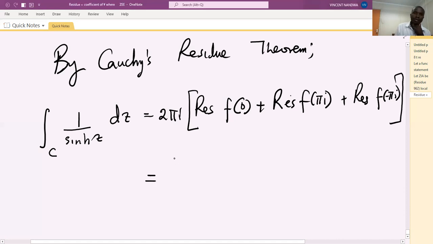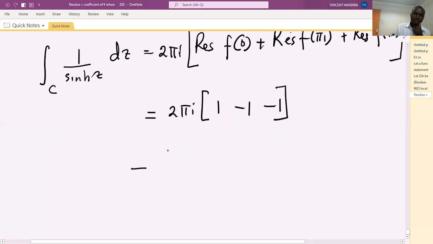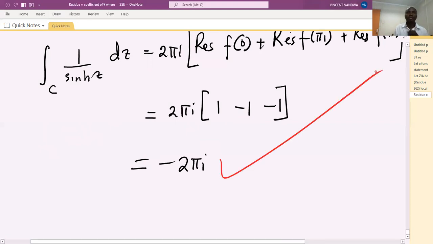From our calculation, this will be 2 pi i times: residue at 0 is 1, residue at this one is negative 1, residue at this one is negative 1. So this will give us minus 2 pi i, because the 1 and the 1 cancel out. And so this is the value of the given integral. Thank you.